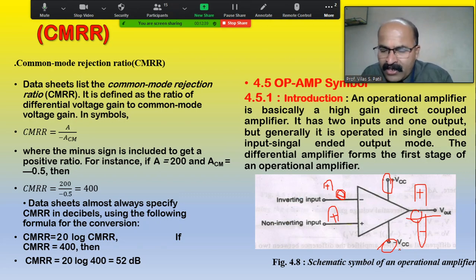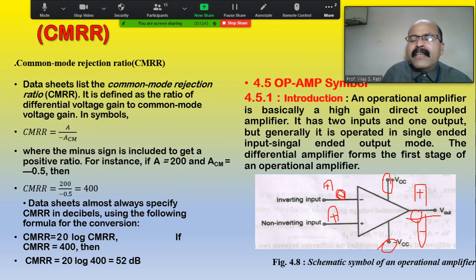Such five terminals are here. An operational amplifier is basically a high gain direct coupled amplifier. We know that it has two inputs and one output and two biasing sources. But generally, it is operated in single-ended input and single-ended output.